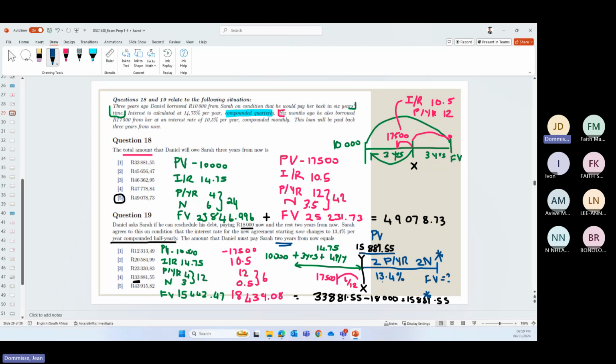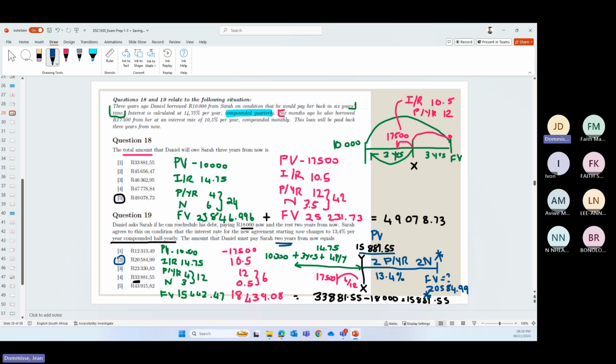So it is also important that the interest rate has changed, and then our future value that we're looking for is 20,584.99. Okay, so here was really a lot of work.